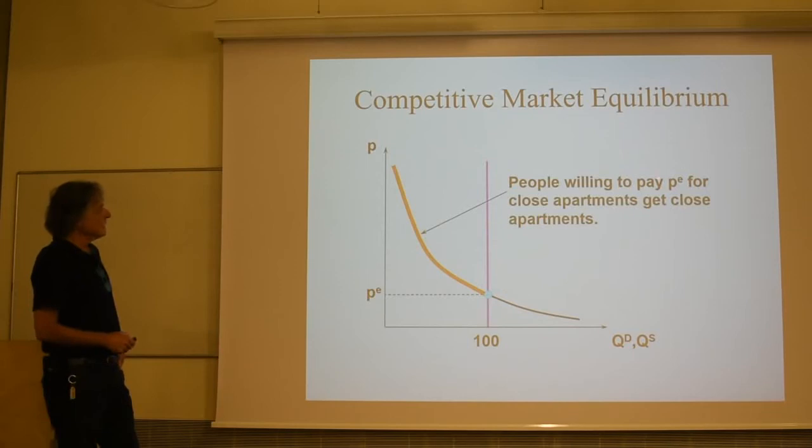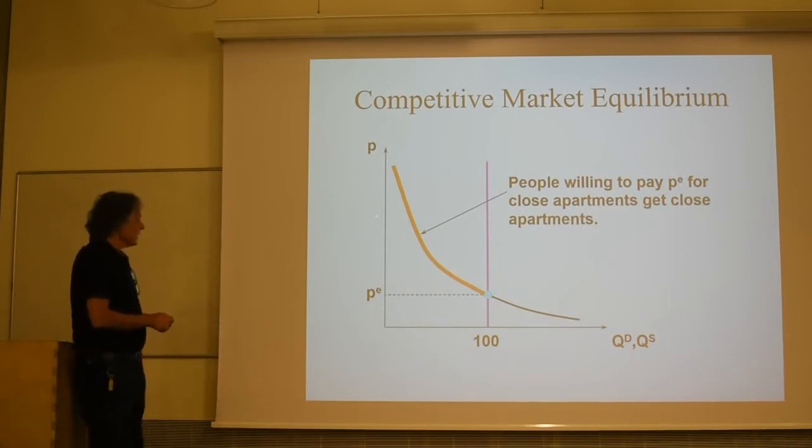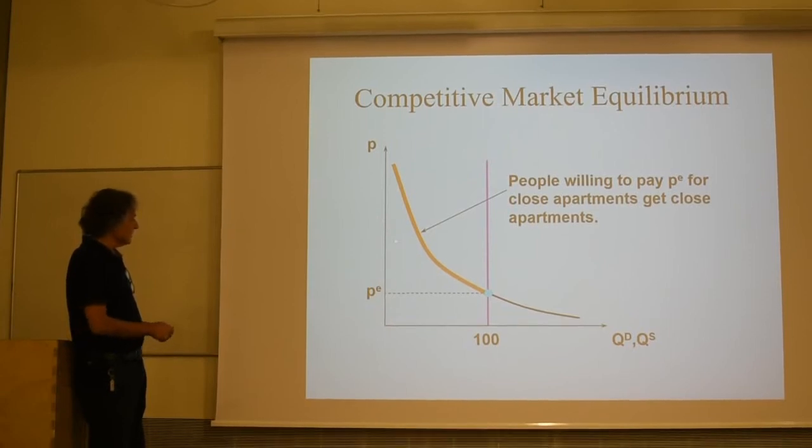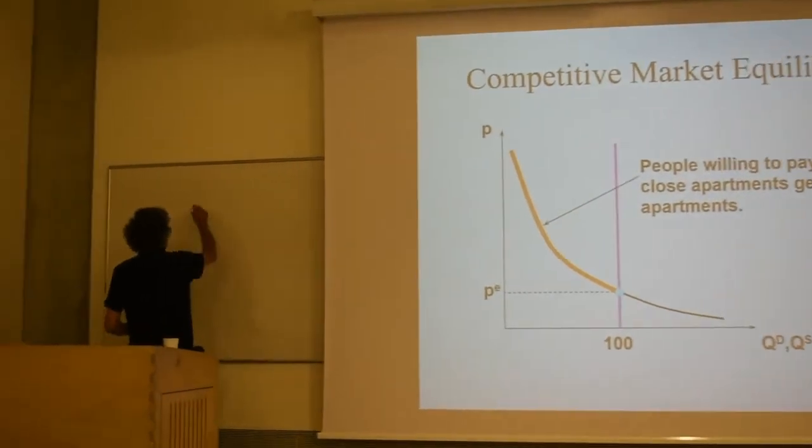So people willing to pay PE or more for a close apartment get a close apartment. Look, the willingness to pay for the first apartment, let's say this is 1, for the first apartment is that much.